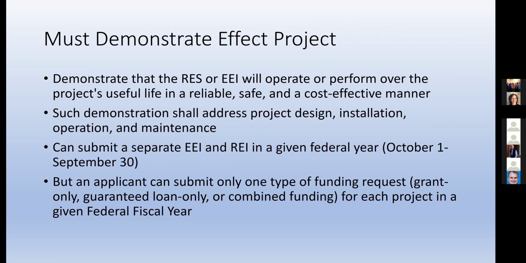You can't submit two separate ones in a given federal year, and I don't think I'd recommend it. You can look at a possible combination of grant and loans, but once again, I would talk to USDA Rural Development about that before moving on. They are also interested in helping bankers provide loans through their loan guarantee program.